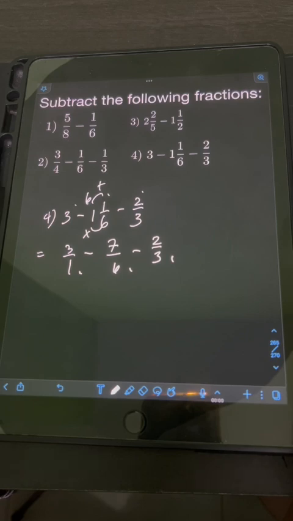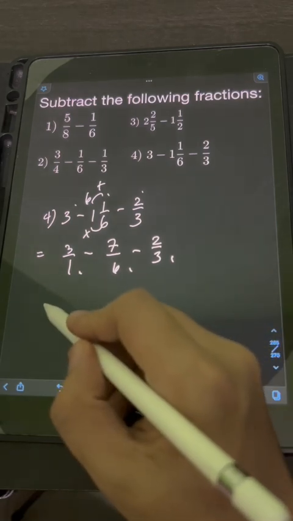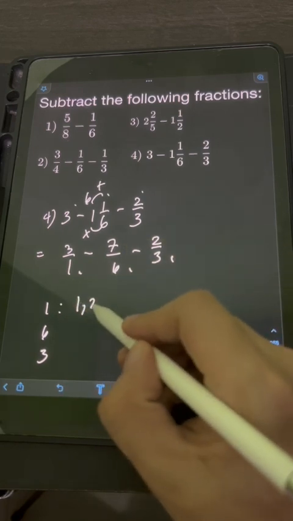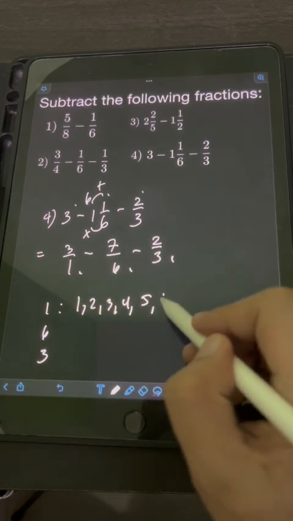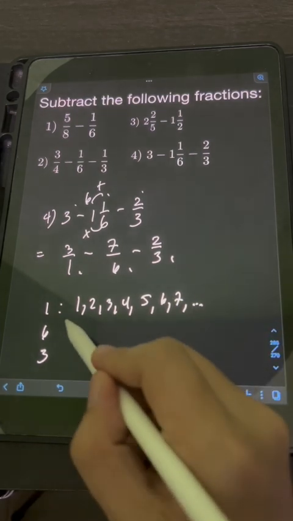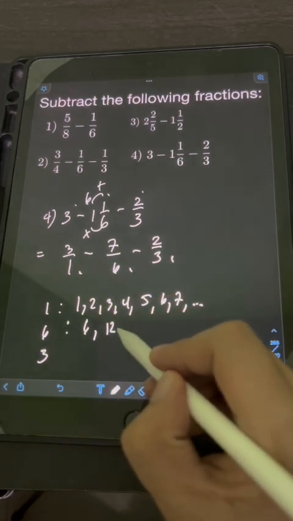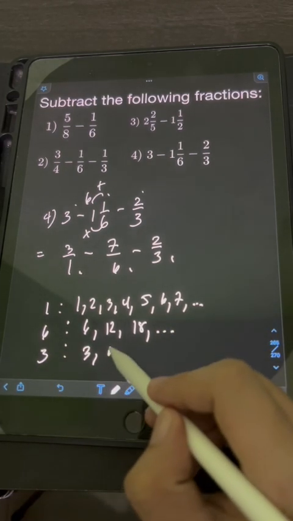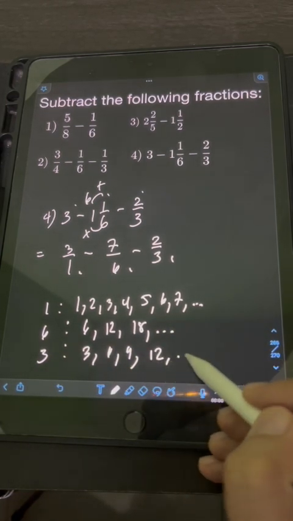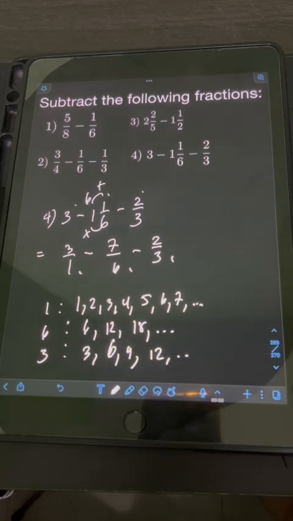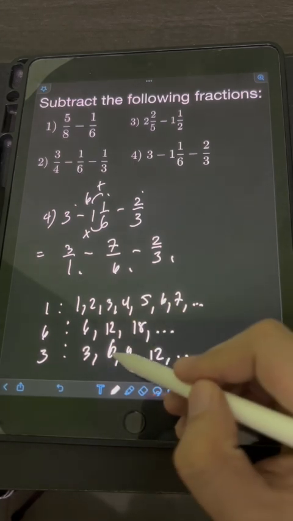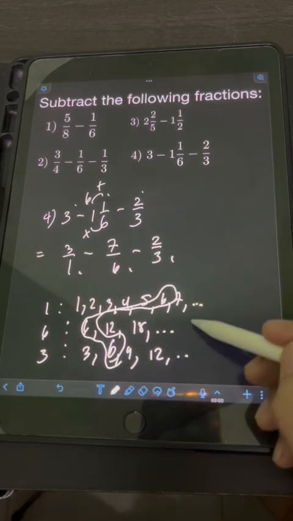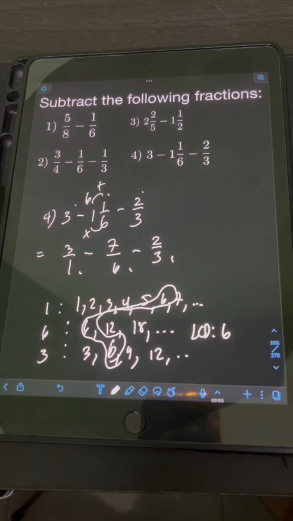So let's find first their LCD. List down the multiples of 1, 6, and 3. Multiples of 1, we have 1, 2, 3, 4, 5, 6, 7, and so on. Multiples of 6: 6, 12, 18, and so on. Multiples of 3: 3, 6, 9, 12, and so on. So obviously, the first common multiple that appears is 6. Right? So therefore, the LCD is 6.